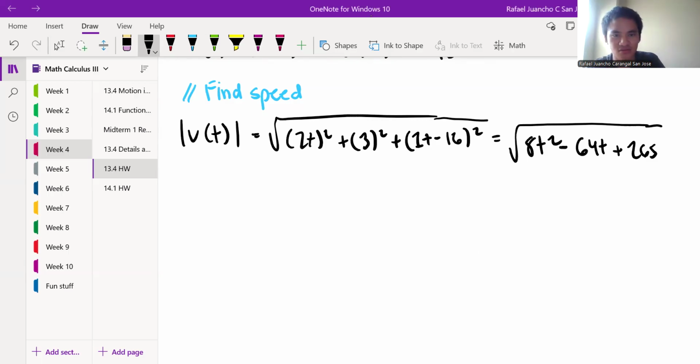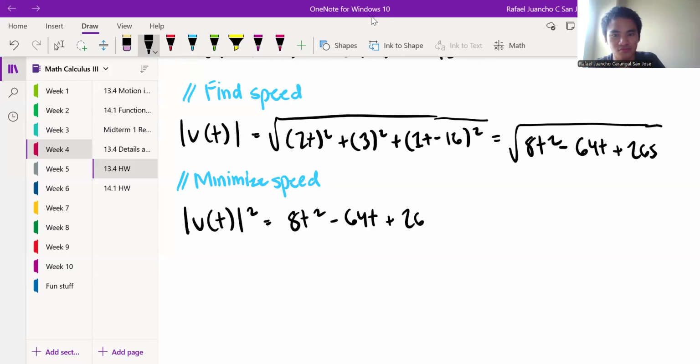So let me minimize speed. If you want to minimize the speed, then you want to do this, because taking the derivative is a hassle. So I could just square my speed and then take its derivative.